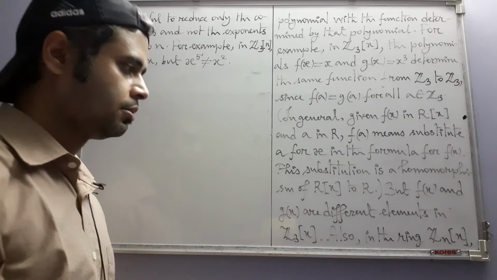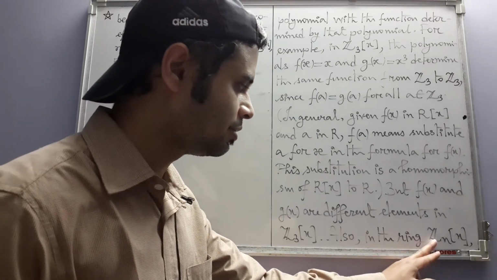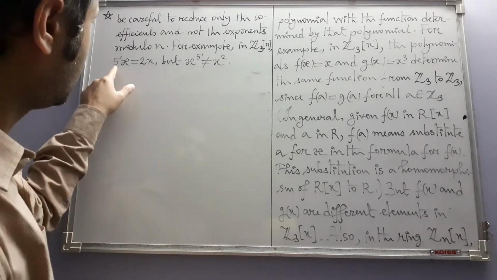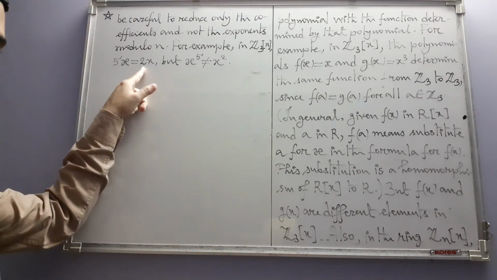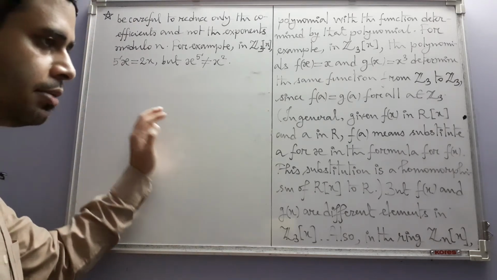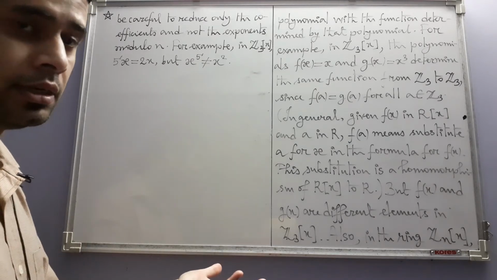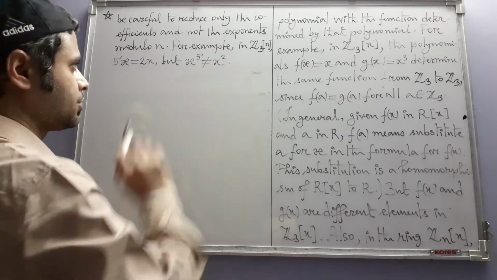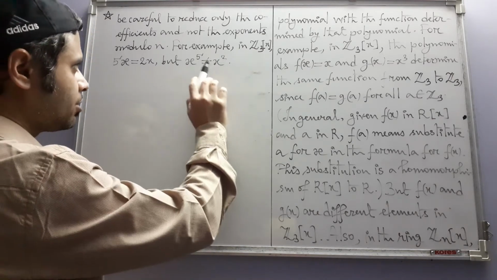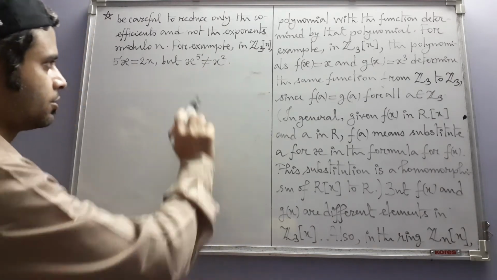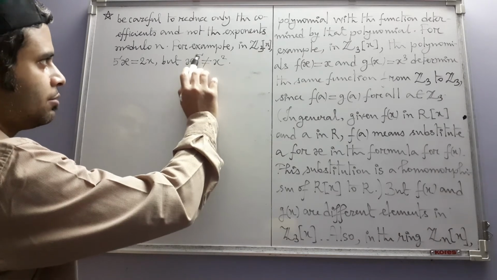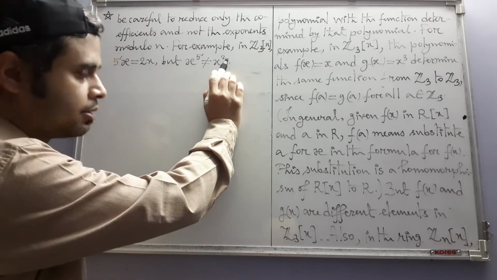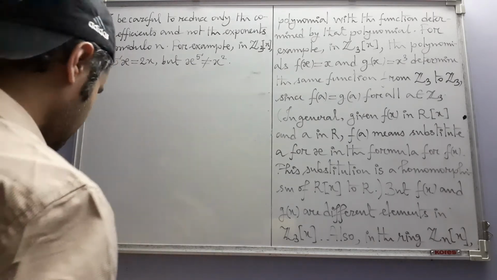Okay, so in the frenzy of reducing everything modulo n, you will of course reduce the coefficients. 5 actually means 2 in Z3, but that won't work with the exponents. X to the power 5 and x square are not equal, so don't reduce 5 to 2 modulo 3 in the exponent. That's what the author is saying.